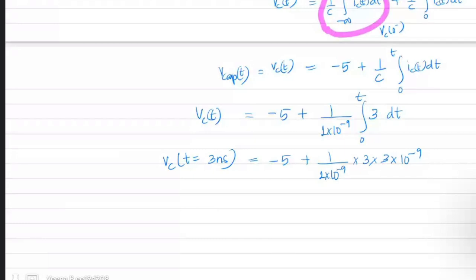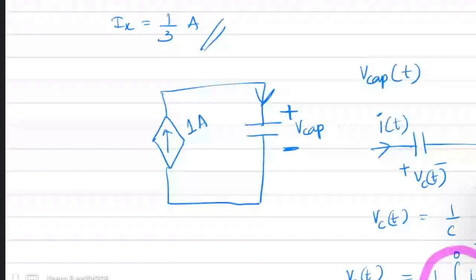So in the integral, it becomes 1 dt. So here also it is 1. So this becomes 10 raised to 9, and 10 raised to 9 gets cancelled off, or minus 5 plus 3, or minus 2 volts. So the voltage across the capacitor at 3 nanoseconds is minus 2 volts.